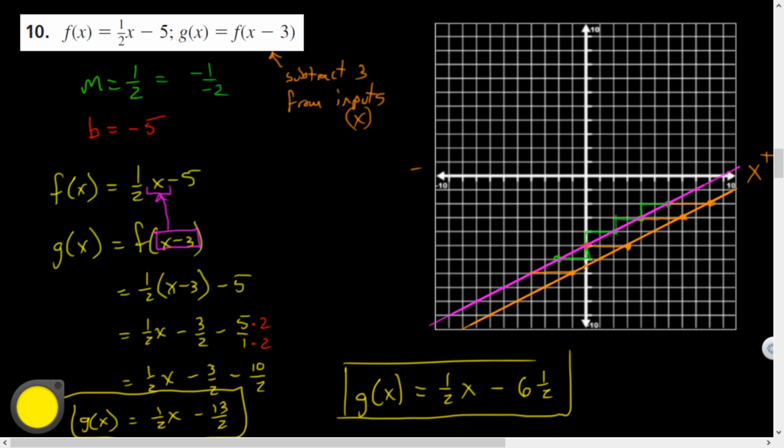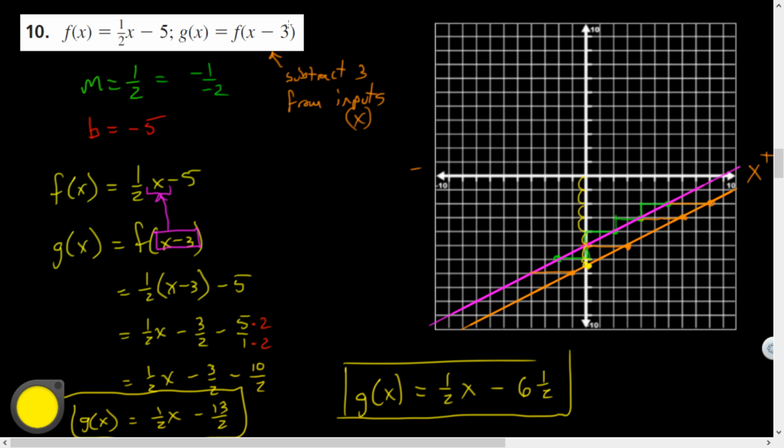And notice, where does this y-intercept appear to be? 1, 2, 3, 4, 5, 6 and a half. Okay, so if I was to plug in x minus 3 in for x and simplify it, which was a lot of work in this case, I realize, I would have gotten this orange line.